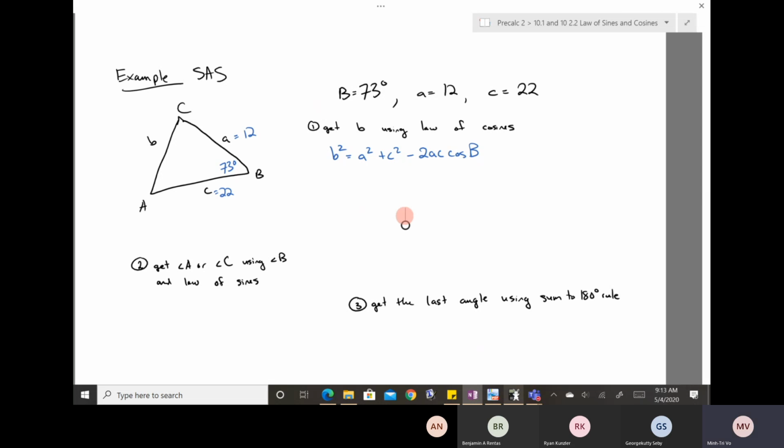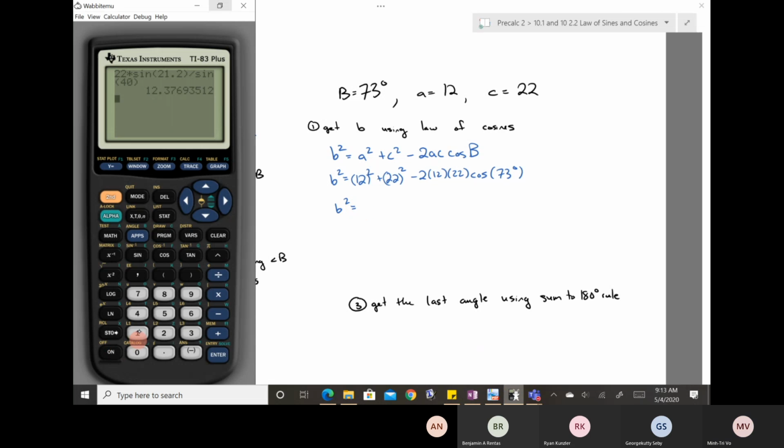Okay, so now we're just plugging in the numbers, right? So you get B squared is equal to 12 squared plus 22 squared minus 2 times 12 times 22 times cosine of 73 degrees. So that's about 4073.63.